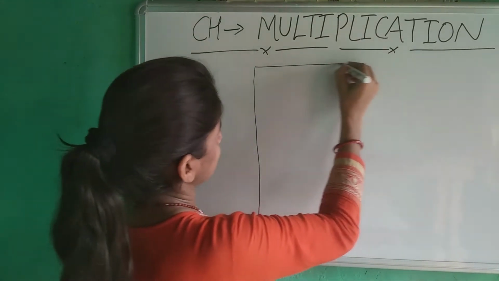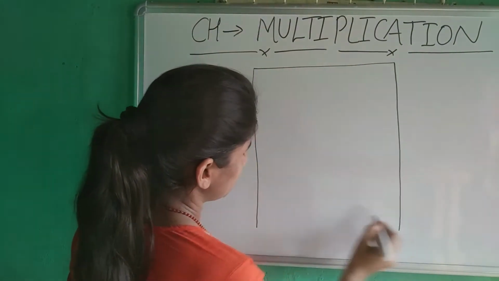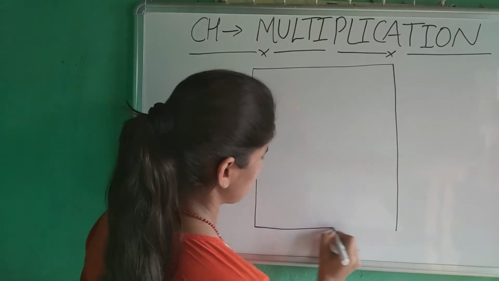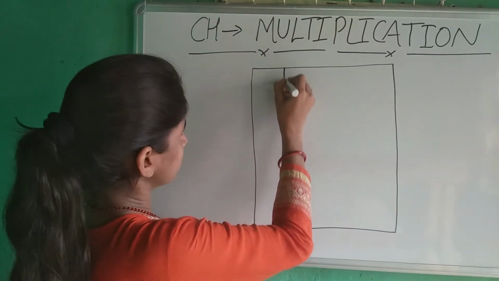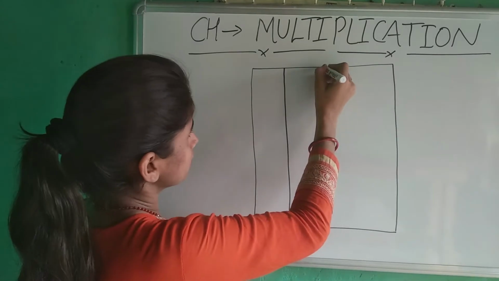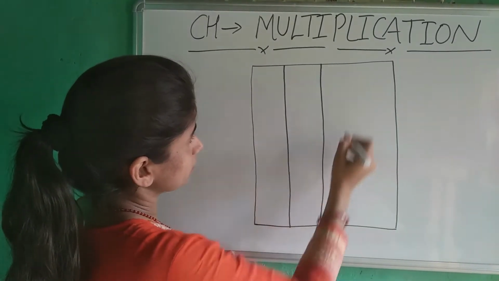Suppose there is a board, and on this board some boxes are drawn, as I am drawing.